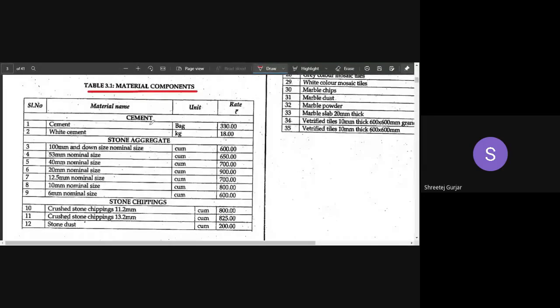So cement: what is the prevailing cement rate currently in our city? Is it the same or higher? The unit is one bag, as cement is usually calculated in bags.